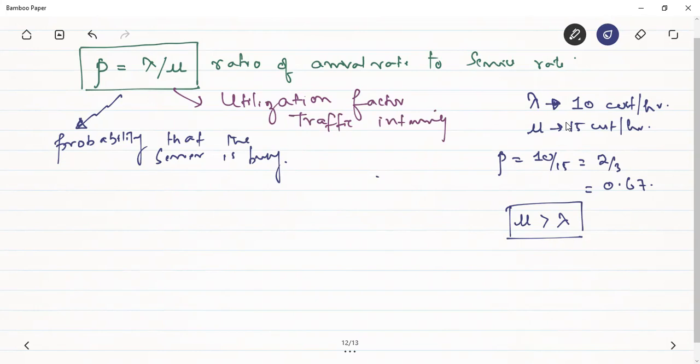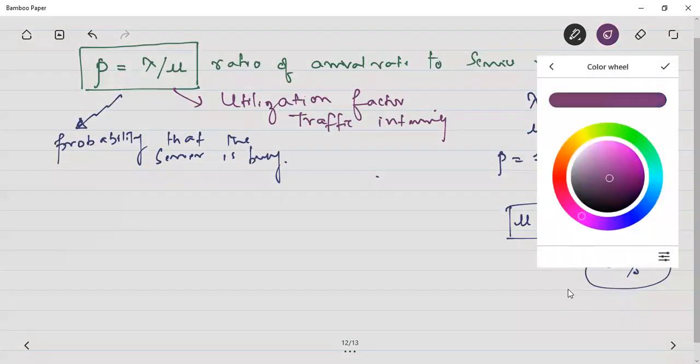So 2 by 3 means 0.67. This means that for 67% of the time the server is going to be busy, whereas during the remaining 33% of the time the server is going to be idle.